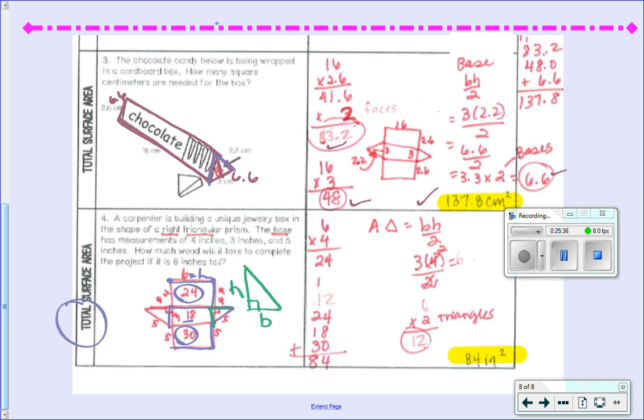Is going to give us 6. And then there are 2 bases, right? Which is 12. Okay? And then so this is 12 for your 2 bases, plus 24, plus 18, plus 30 is going to give us 84 inches squared. That was challenging, right? All right, let's go back.